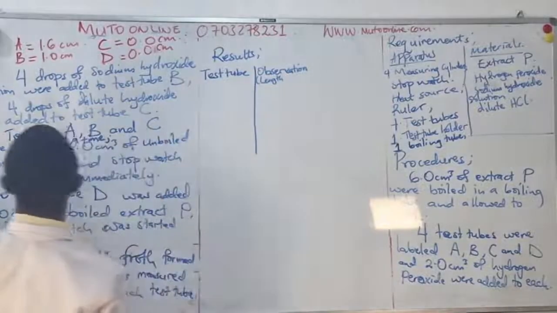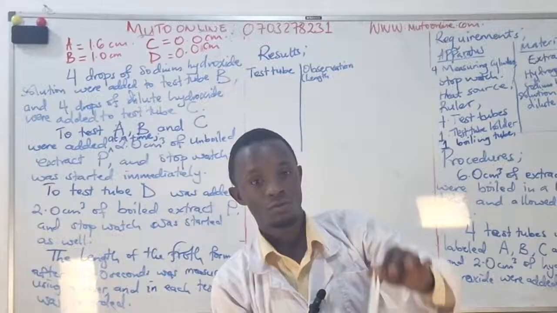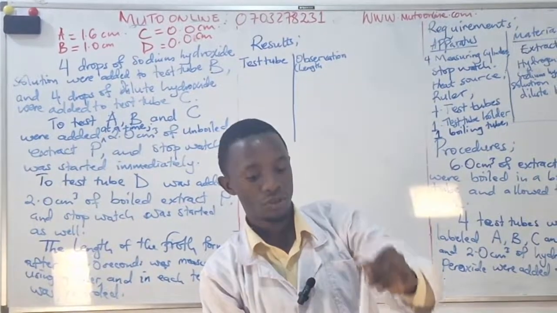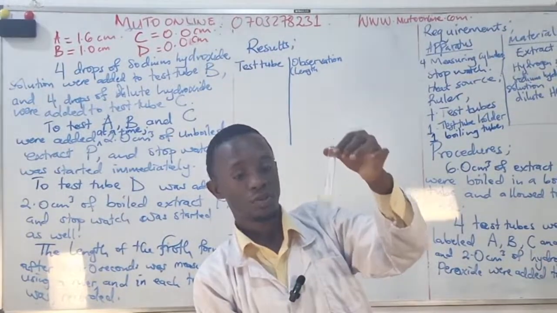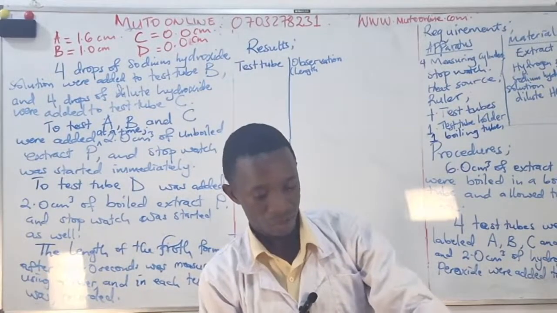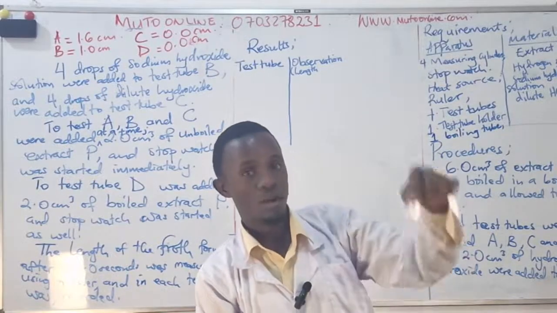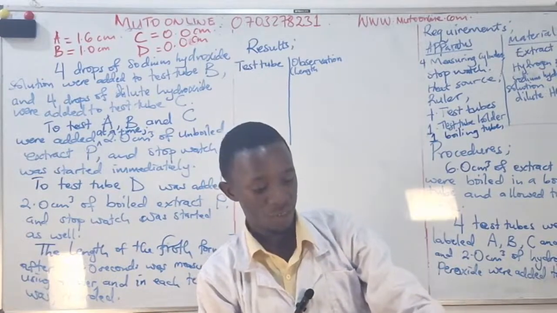For the other one who used the rate of formation of bubbles, this one will be fast or high rate of formation of bubbles, moderate rate of formation of bubbles, no bubbles formed, no bubbles formed. I think we are following.